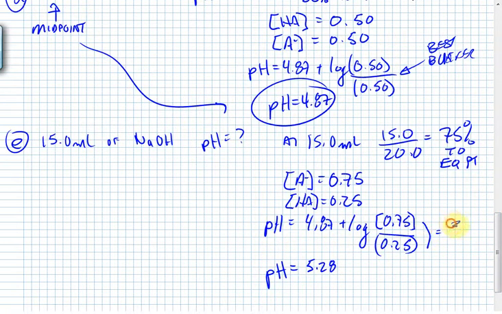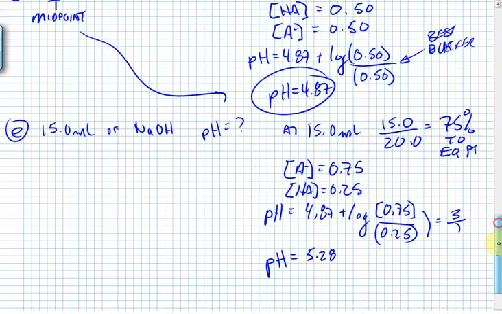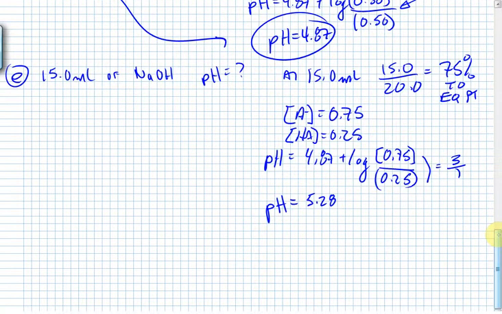The ratio now is equal to 3 over 1. So there's a nice symmetry here. If you understand that symmetry, you've got a good feeling for pH titration.